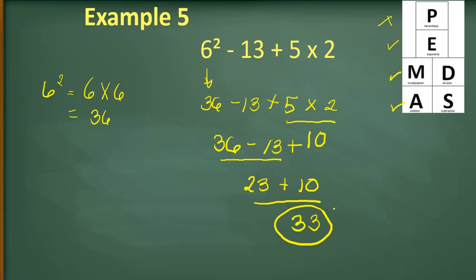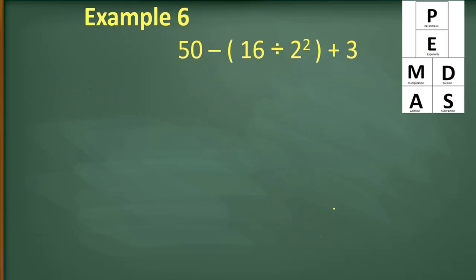Let us have another example. If we have 50 minus, open parenthesis, 16 divided by 2 squared, close parenthesis, plus 3. So first, we perform operation inside the parentheses. Do we have numbers inside the parentheses? Yes. 16 divided by 2 squared.